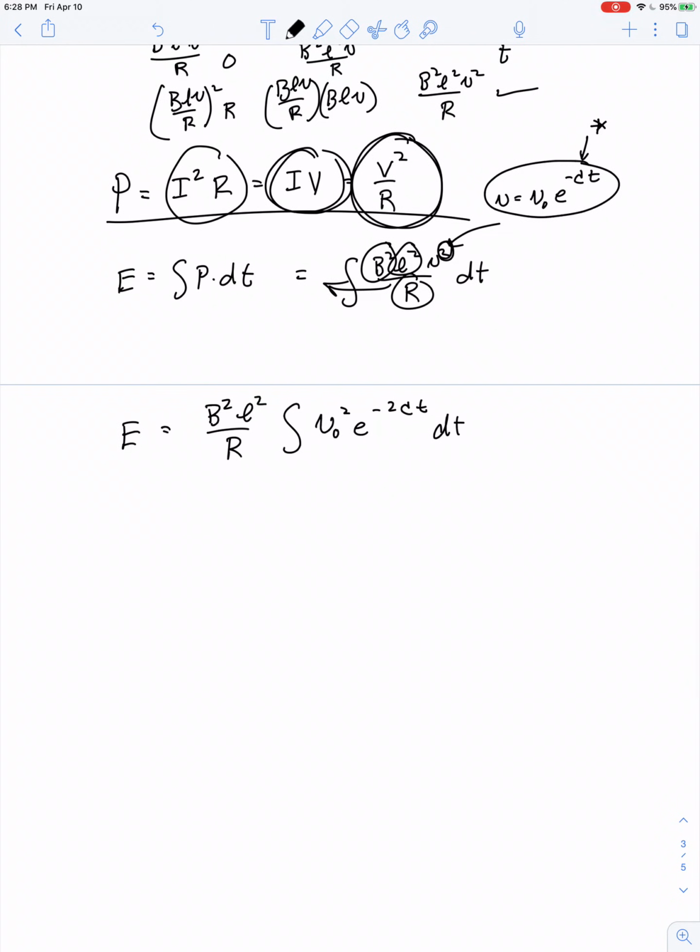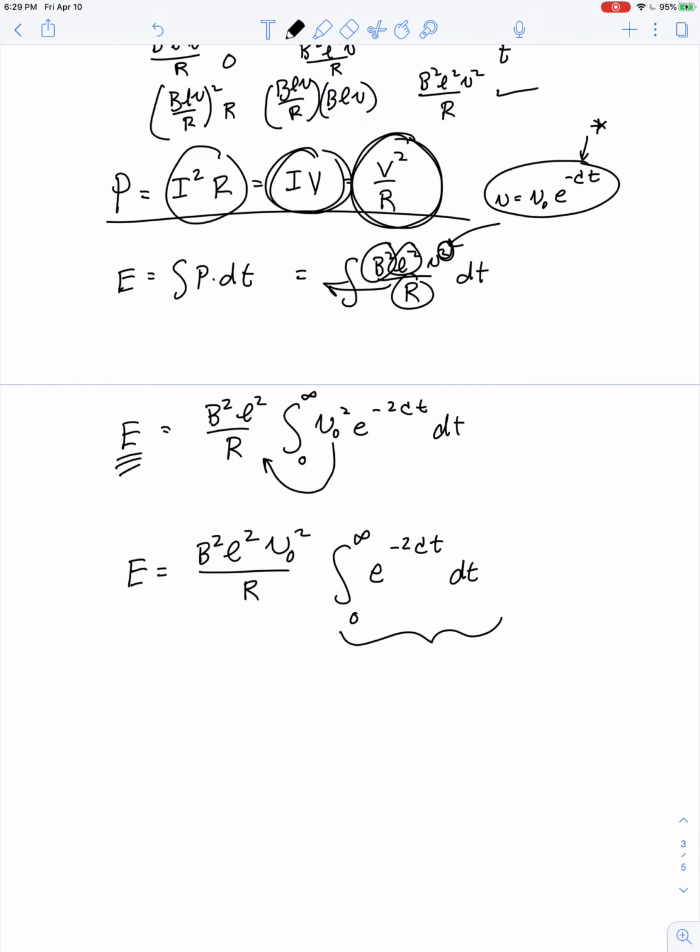Oh, and if we need to find the total energy consumed by the resistor from time t equals 0 to infinity, then those are our limits of integration. I guess this V naught can also come out of the integral, so we get E equals B squared L squared V naught squared over R times the integral e to the negative 2ct dt from 0 to infinity.